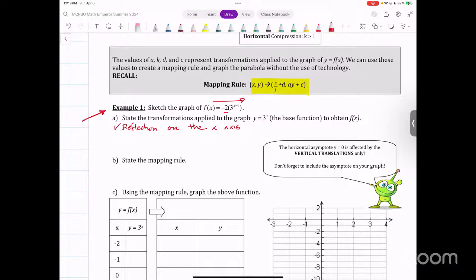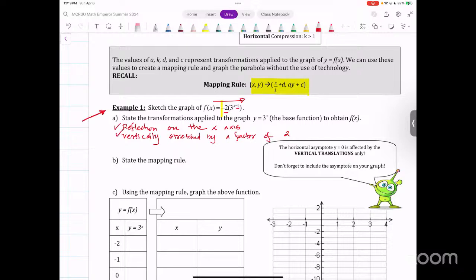You mentioned the minus, which is right. How about the 2? What does the 2 do? Let's go to Harsha. Vertical stretch by a factor of 2, isn't it? Vertical stretch by a factor of 2.